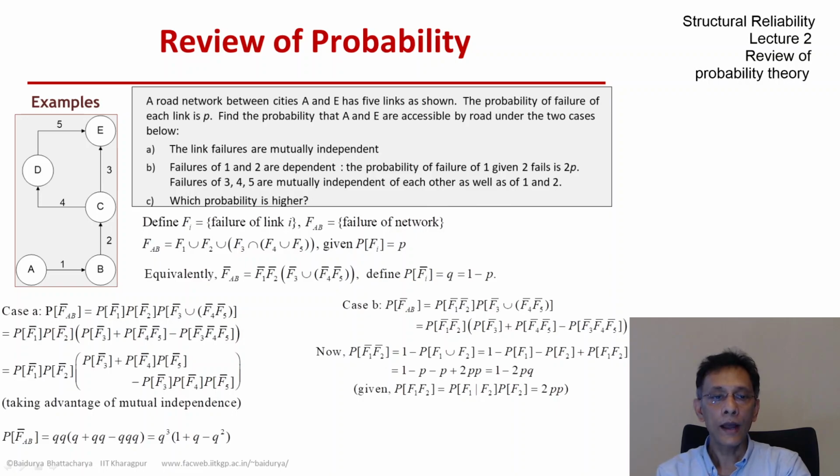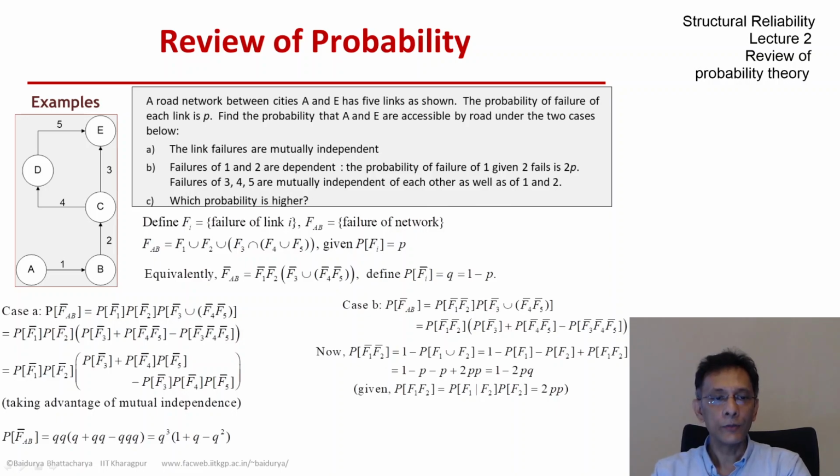So we can write P of F1 bar F2 bar in terms of P of F1, P of F2, and P of F1 F2. Now F1 F2, they are not independent anymore, so we can't multiply the probabilities. So we have to use the information given. So P of F1 F2 is P of F1 given F2 times P of F2, so it's 2p times p.